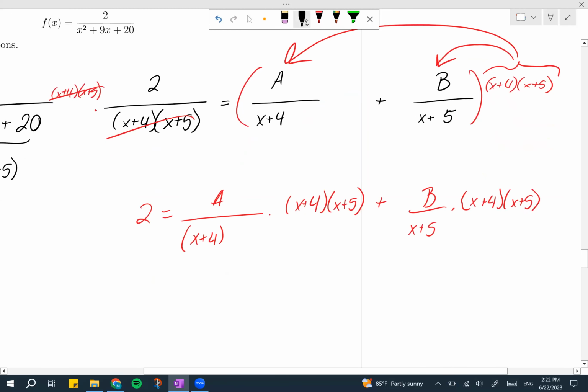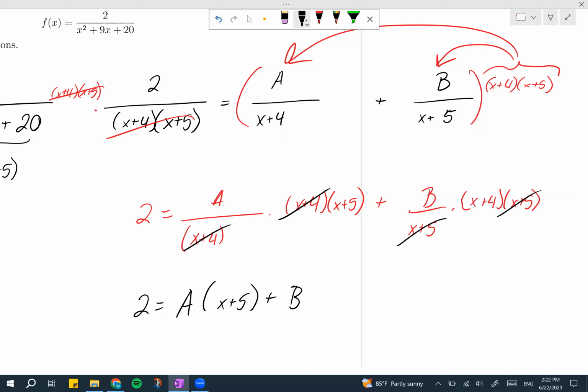So this x plus 4 and x plus 4 will cancel, this x plus 5 and x plus 5 will cancel, and what I'm left with is 2 is equal to A times x plus 5 plus B times x plus 4.